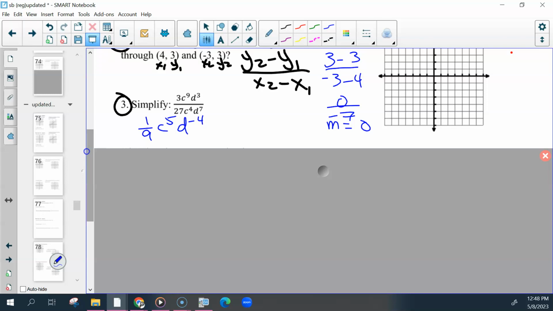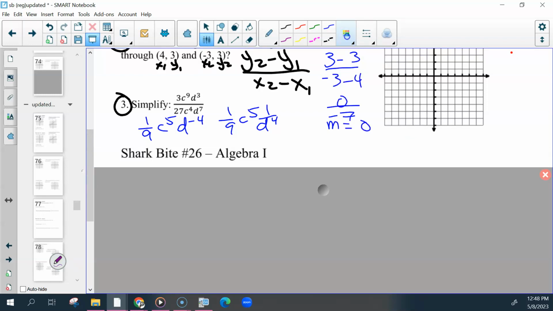Take this and you flip it, and it goes in the denominator with a positive exponent. But then everything needs to be combined into one fraction. So this would be c to the 5th all over 9b to the 4th. That would be your final answer.